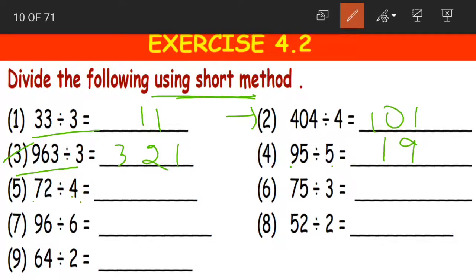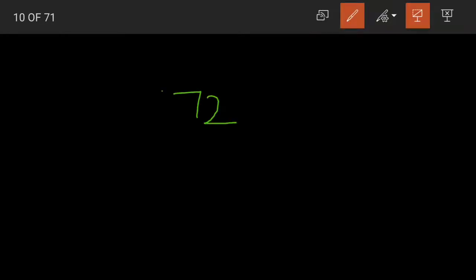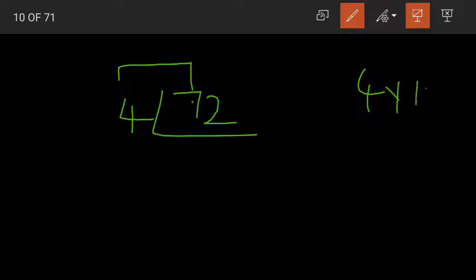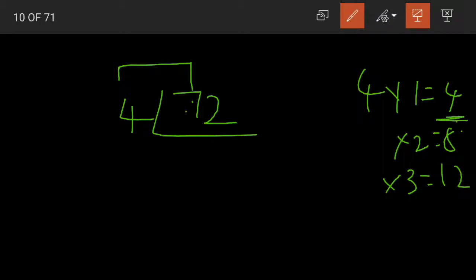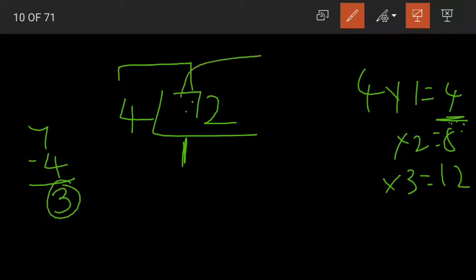Next, 72 divided by 4. First, coming to 7 here. 4 ones are 4, 4 twos are 8, 4 threes are 12. Now do we have 7? No. So going with just the lesser number, that is 4. 4 ones are 4. Now what is remaining? 3 is remaining. 7 minus 4. 3 is passed on to the next digit.